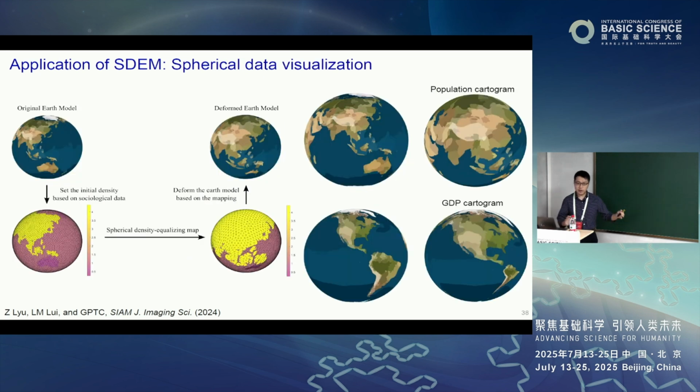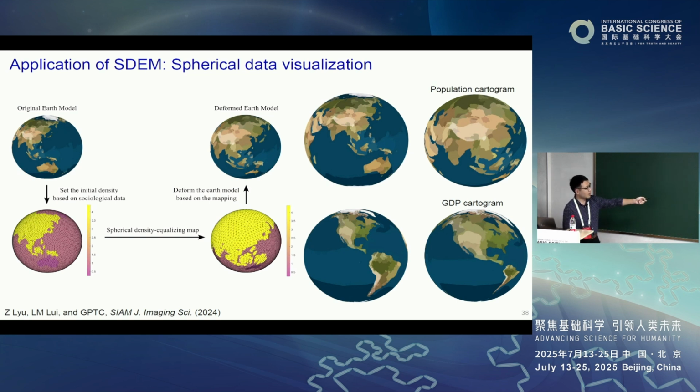And at the very beginning, when we talked about the density-equalizing mapping, the origin is the diffusion-based cartogram, about showing some information on the geographical map. And it turns out that we can also apply our spherical density-equalizing map to this spherical data visualization problem.